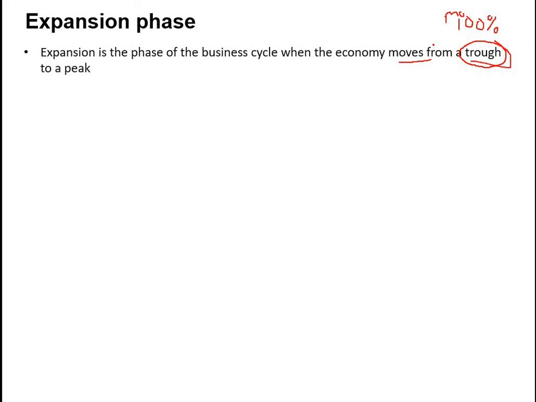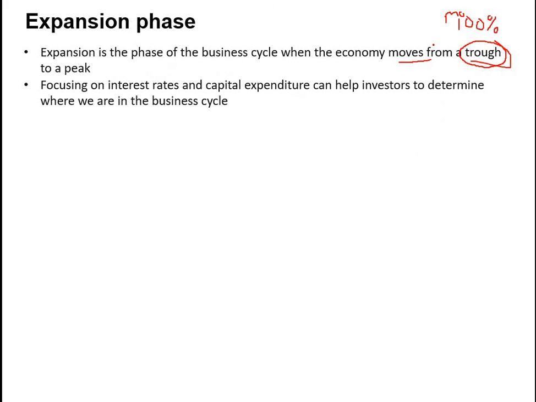So if the government policies do not work, the fiscal and monetary policies might be employed, and if they don't work properly, we have a problem. So in this expansion we are moving from a trough to a peak, from a hole into a mountain, from the bottom of the mountain to the top of the mountain.